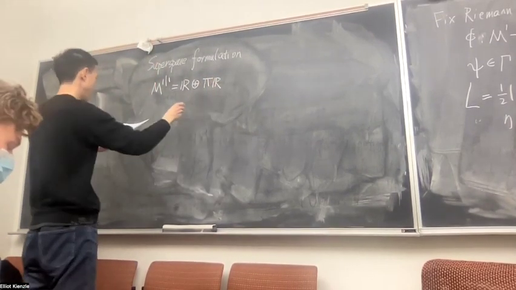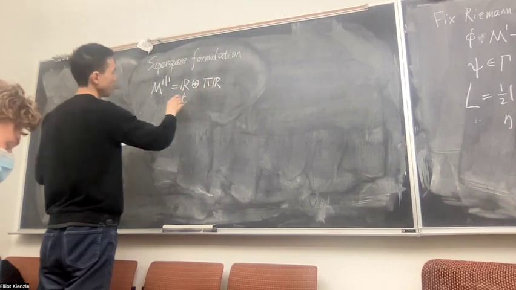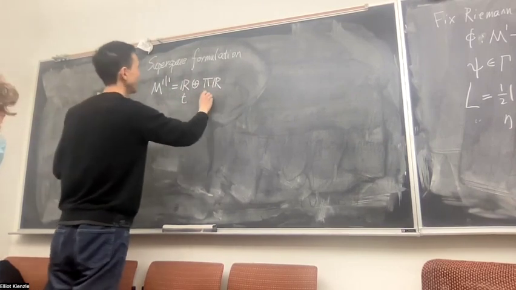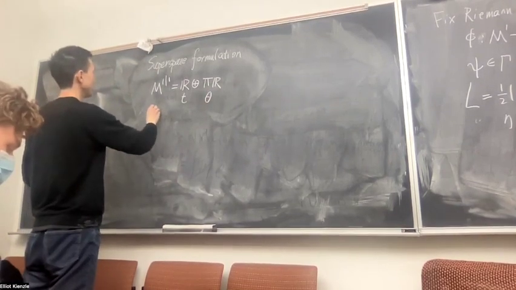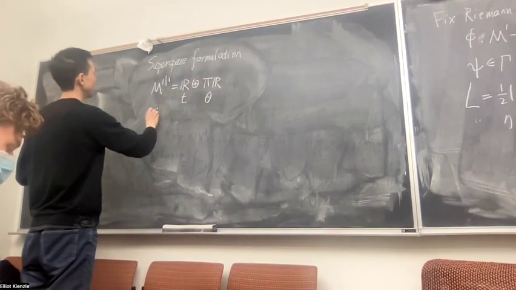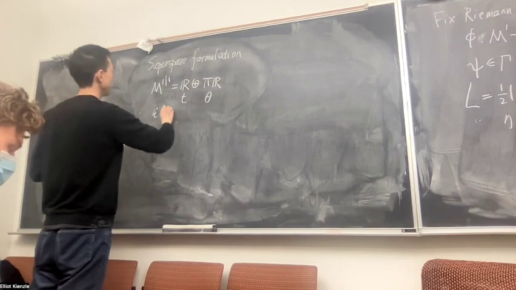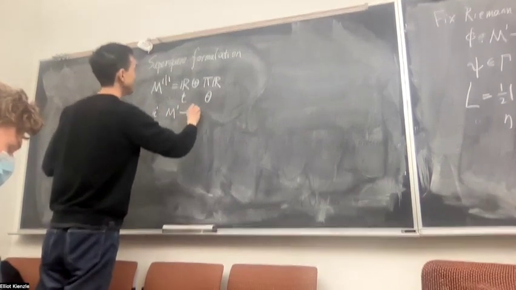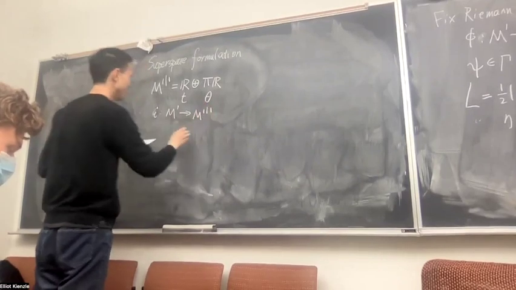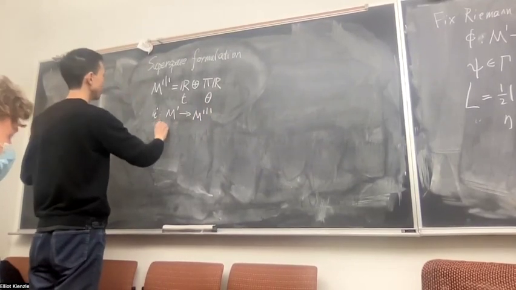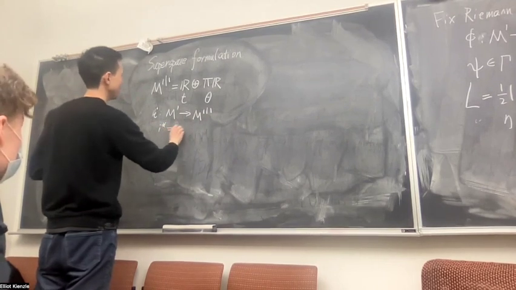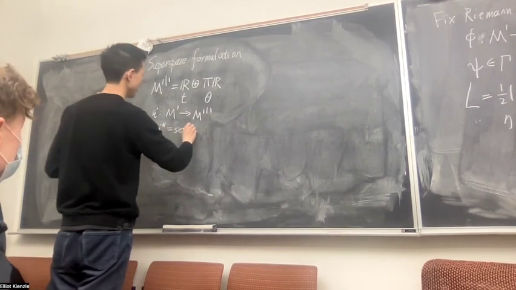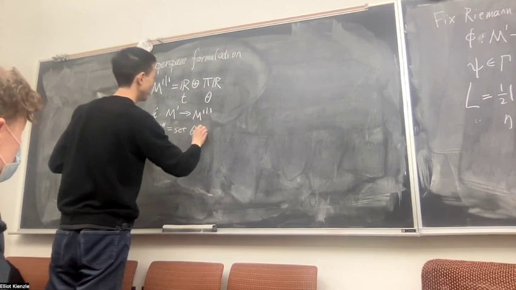This is still the parity reverse, and I'm going to call the coordinate here t and the coordinate here theta. So there is an inclusion map from the usual space-time into your super space-time, and if you pull back along this, it's basically setting theta to 0.